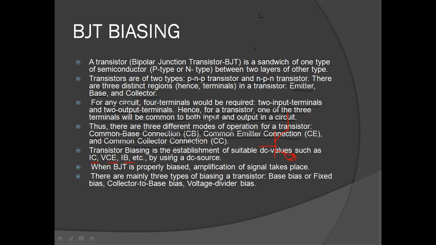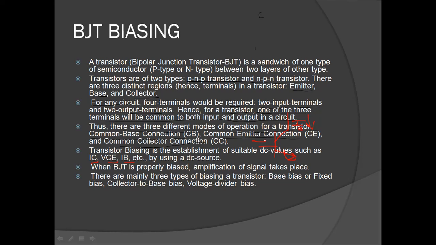Whenever you establish a current at the collector terminal, it is called IC.